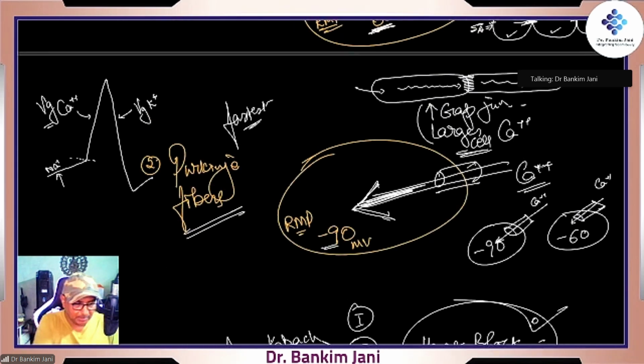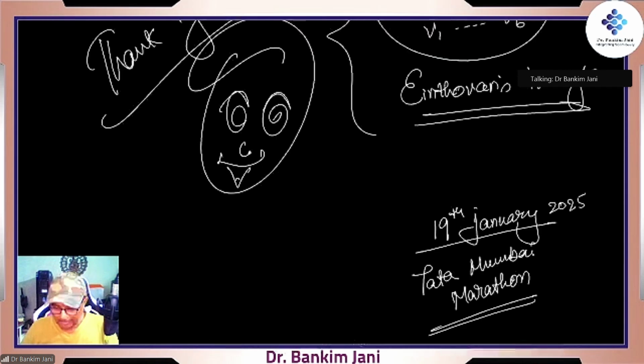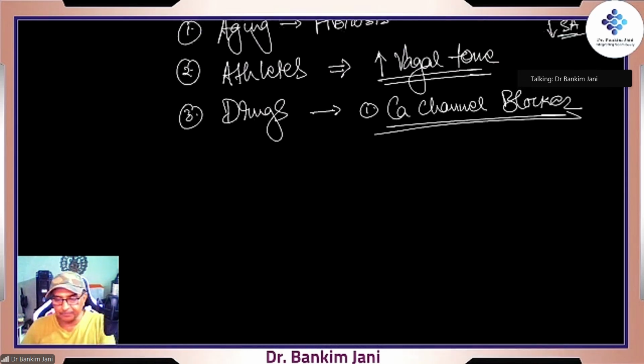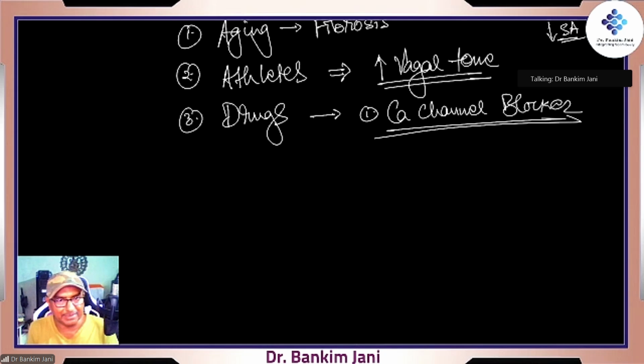When the calcium channels are blocked, the speed at which the calcium should really enter into the cell is slowed down. When it is slowed down, it will be taking more time, so the conduction would be slowed, so PR interval will increase. Also the beta blockers, but that is what we'll discuss later.